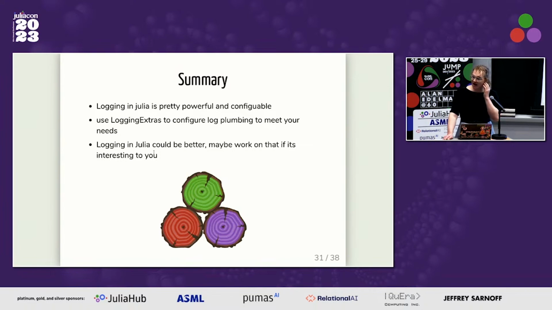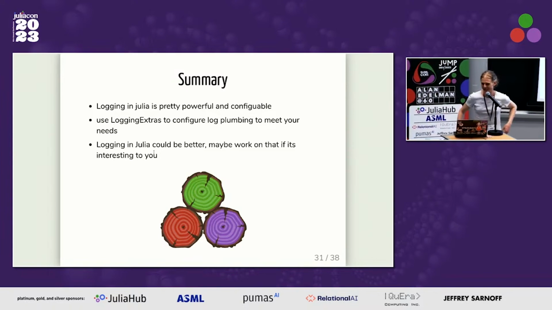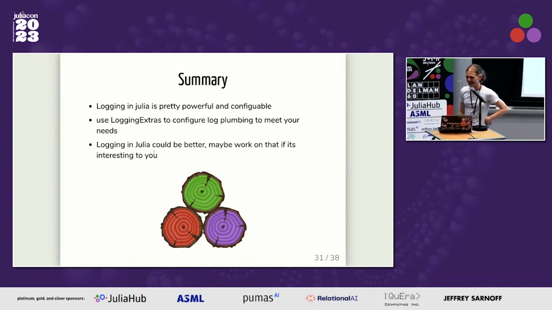I was wondering what happens with logging and Distributed. If a worker logs a message, is there any way to control how that gets plumbed in with all the other logs? I don't really know. Claire? Sorry, I'll just come up here since I seem to be answering questions about logging.